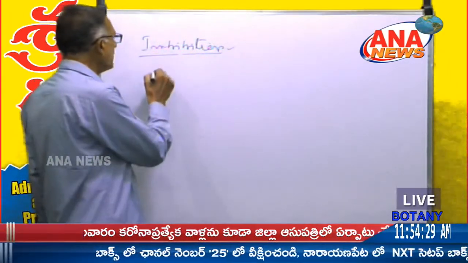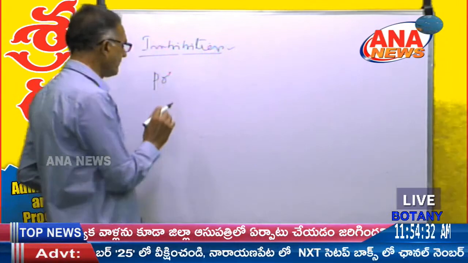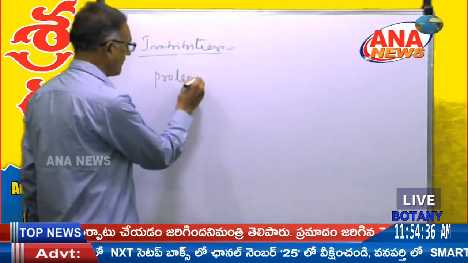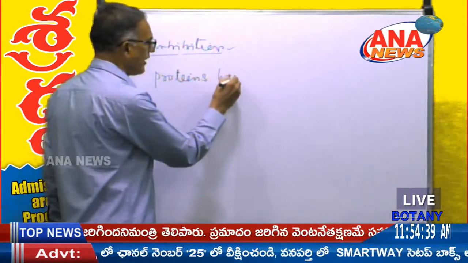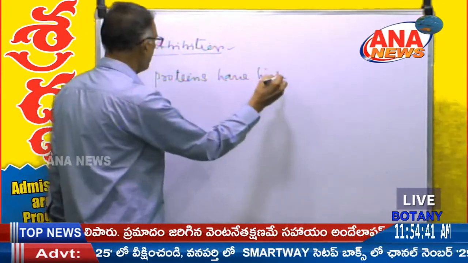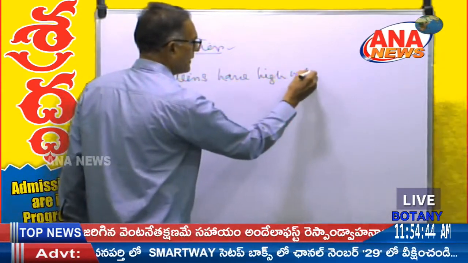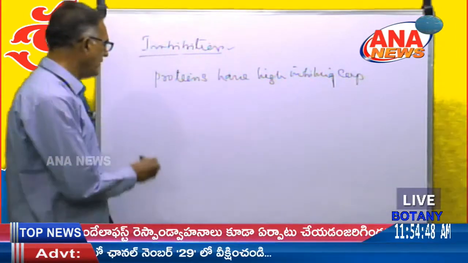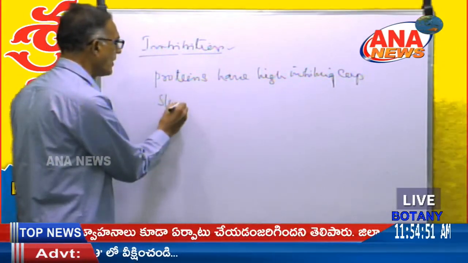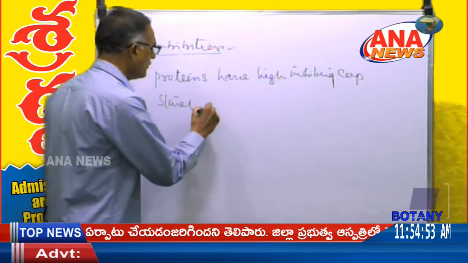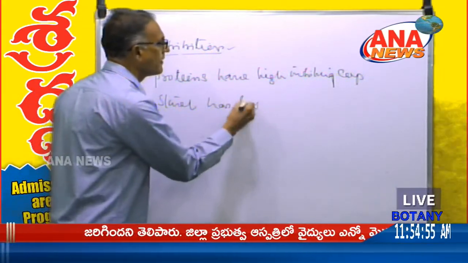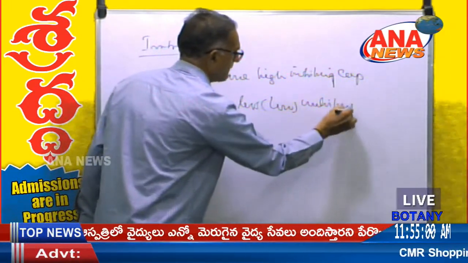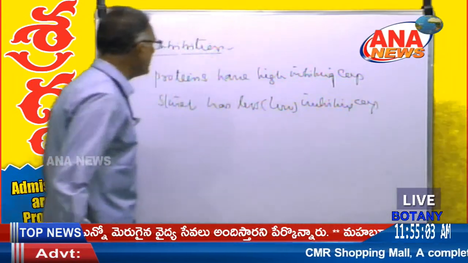Proteins have high imbibing capacity, whereas starch has low imbibing capacity.